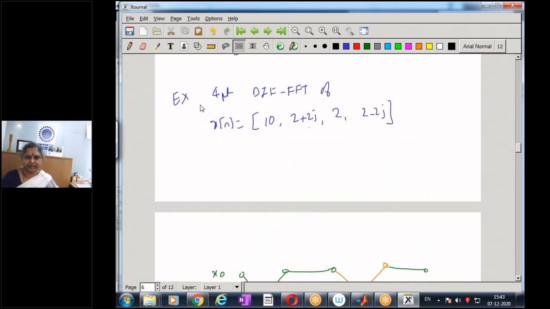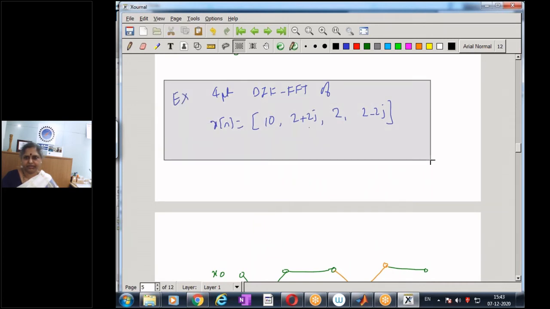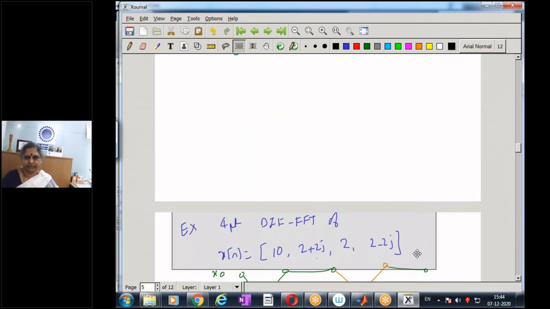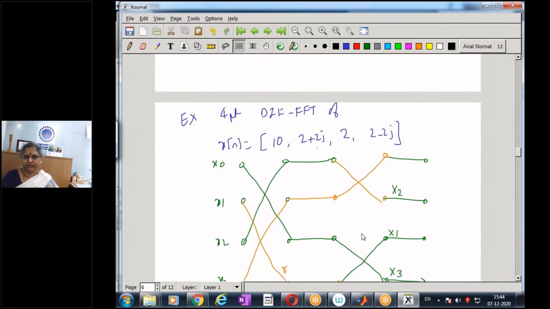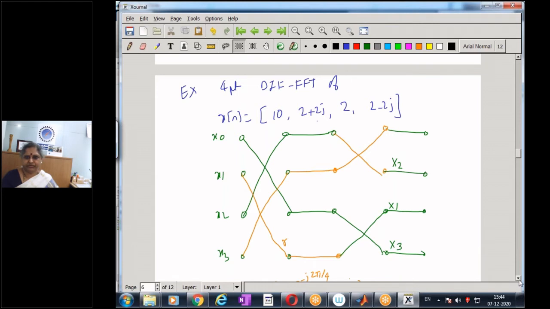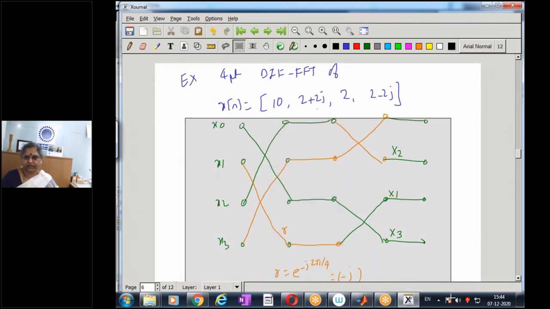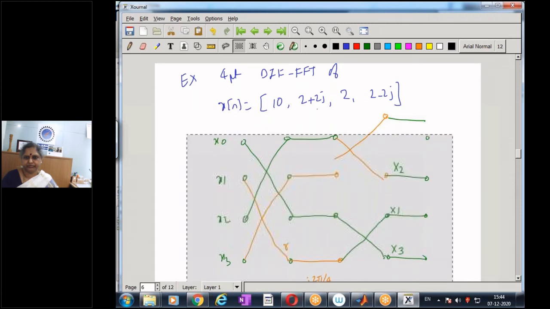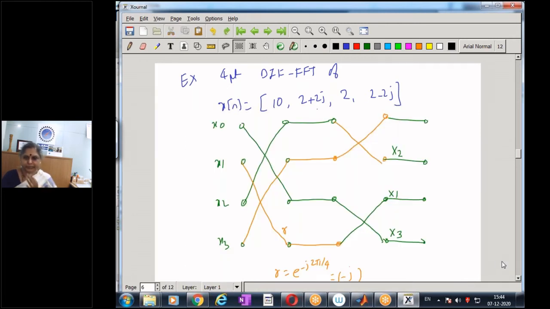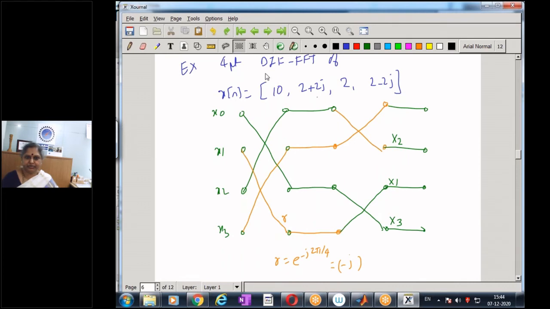So this is my input sequence. My input is always given in order. So my input is going to be 10. X1 is 2 plus 2j. X2 is 2. And X3 is 2 minus 2j.